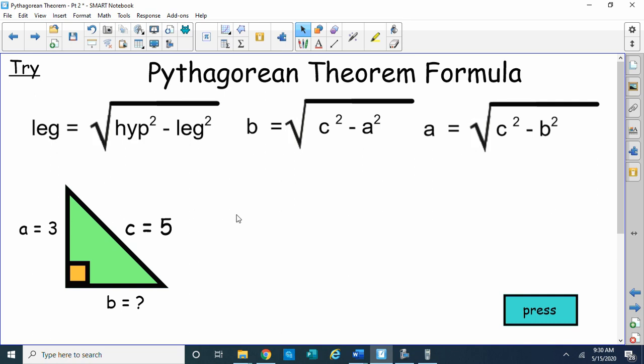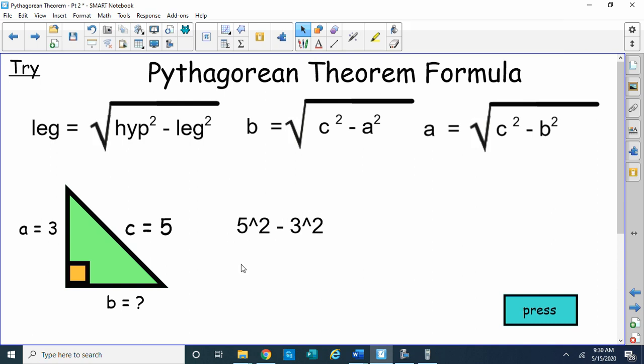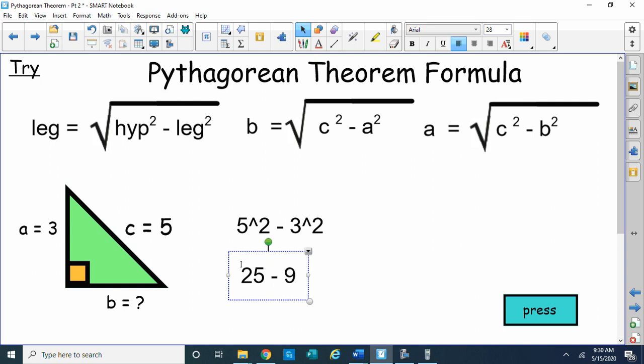So I'm going to take c, which is 5, and I'm going to square it. And then I'm going to subtract 3, and I'm going to square that. 5 squared is 25, and I'm going to subtract 3 squared, which is 9, and that's equal to 16.